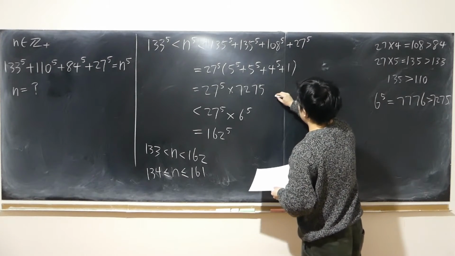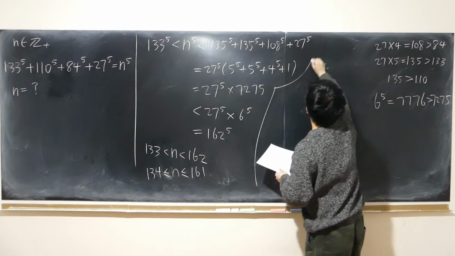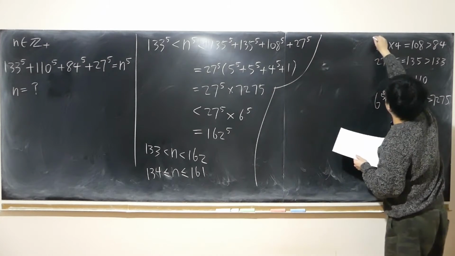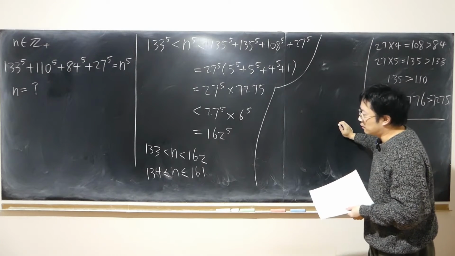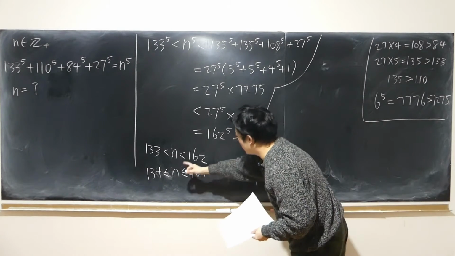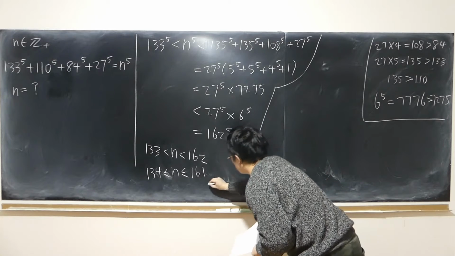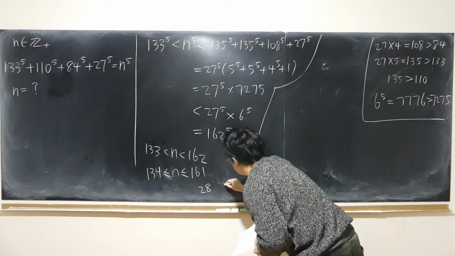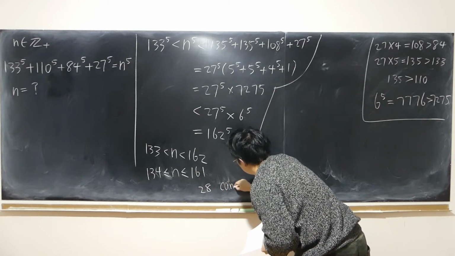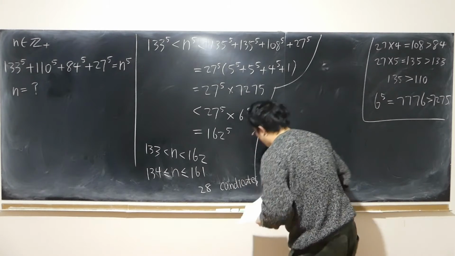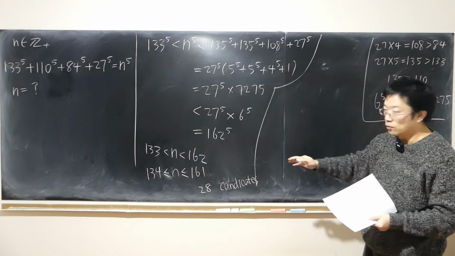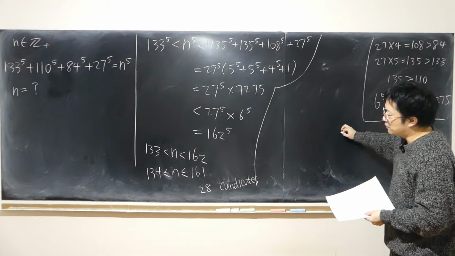Next, how can we further estimate? Because there are only 28 possible candidates here. 28 candidates to be determined. We're going to rule out some of the numbers.